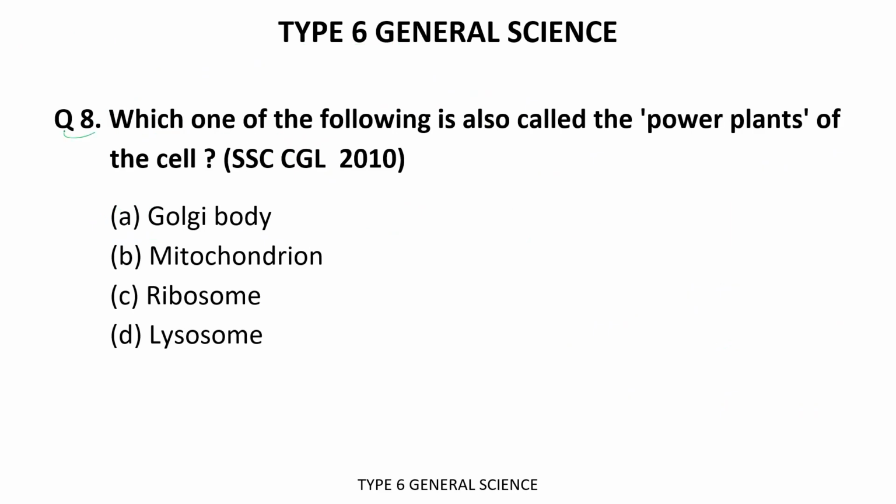Let's move forward. Eighth question we have, which one of the following is also called the power plants of the cell? Or you can say basically the powerhouse of the cell. Golgi body, mitochondrion, ribosomes, lysosomes. 20 seconds you have to think and answer.